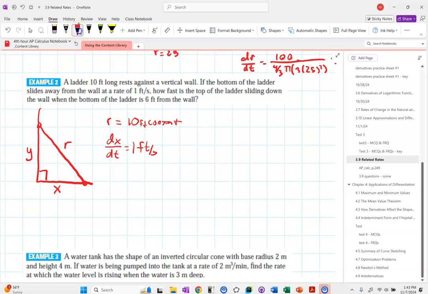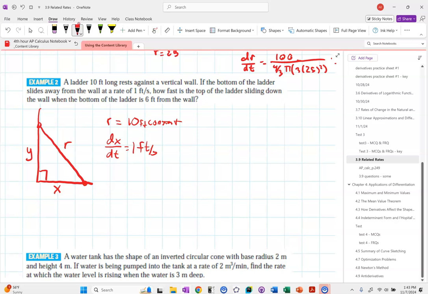Now that's hidden inside the problem, right? From the geometric nature of what's going on. They've hidden that. It's nasty when they hide it and it's actually a negative. So watch out for that because it does happen rather frequently. And then it says, how fast is the ladder sliding down the wall when the bottom of the ladder is 6 feet from the wall?